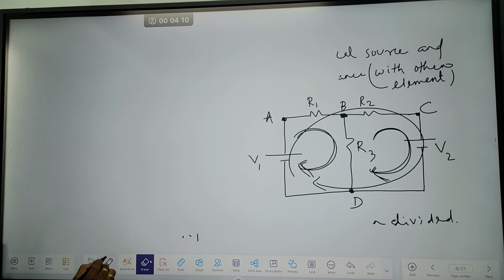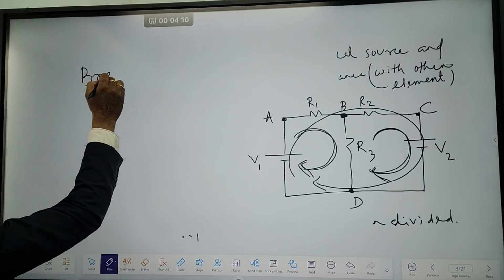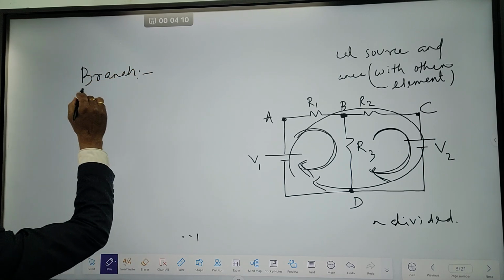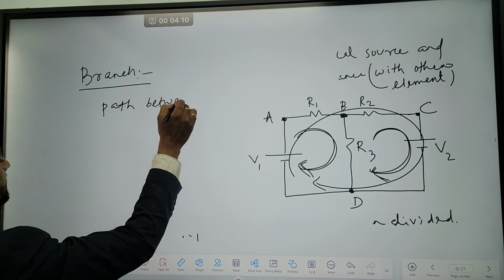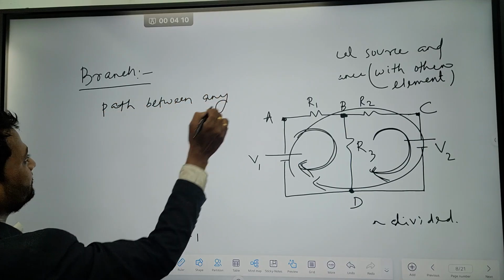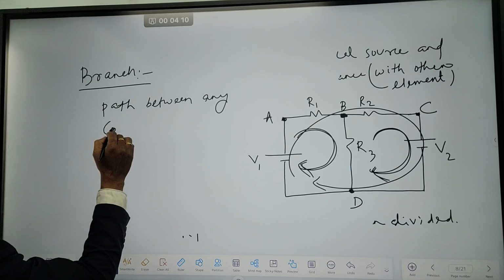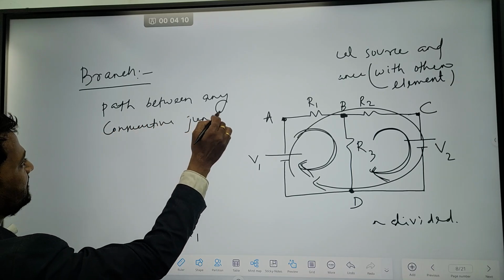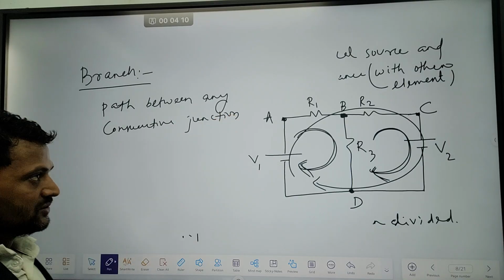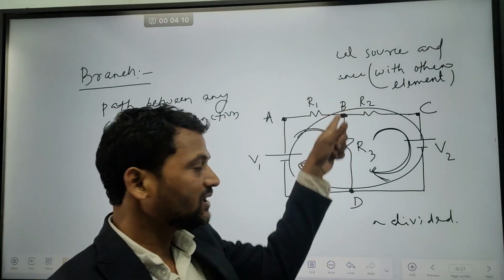So branch क्या है? Branch मतलब the path between any consecutive junctions. See, so there are how many junctions here? B and D are the junctions.